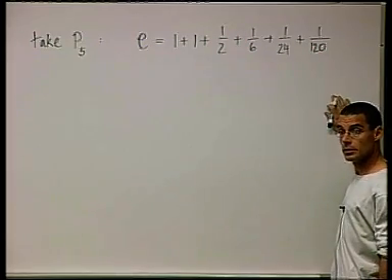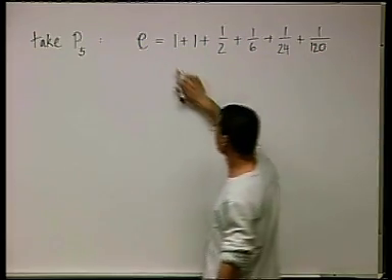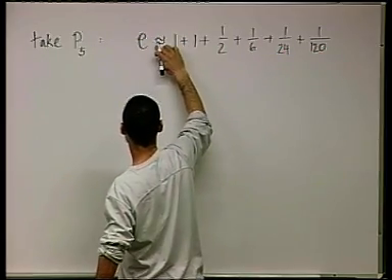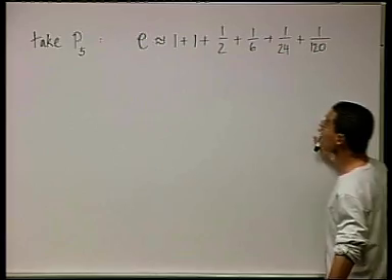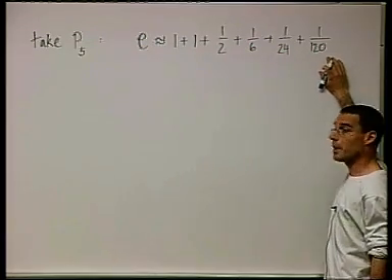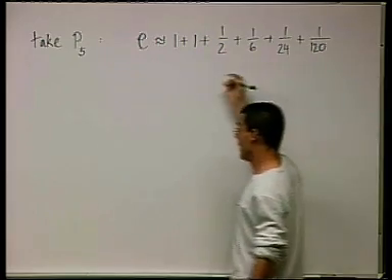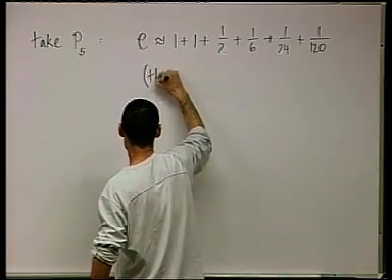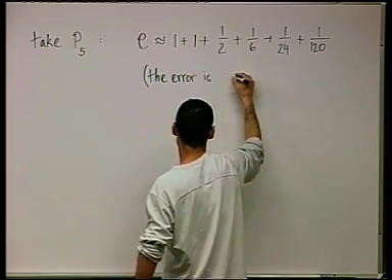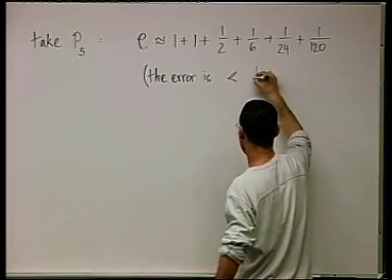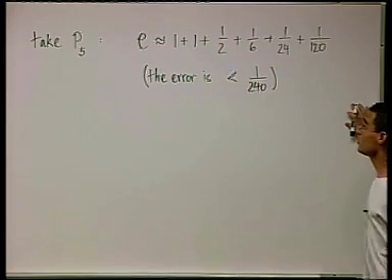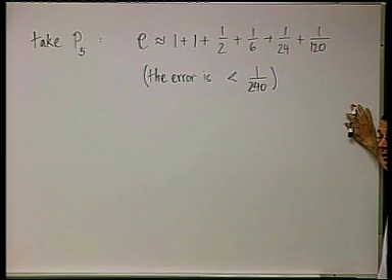Stop here. Replace the equal with squiggly equal. So e is about that. What do I mean by about that? I mean the error is less than 1 over 100, but we found that in fact it's less than 1 over 240. Clear?